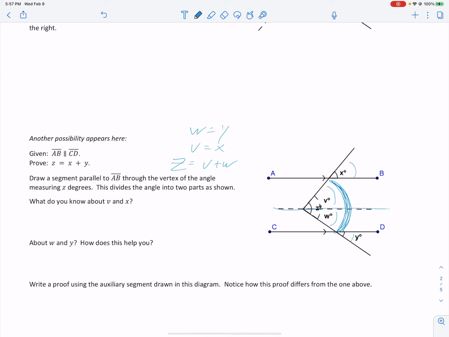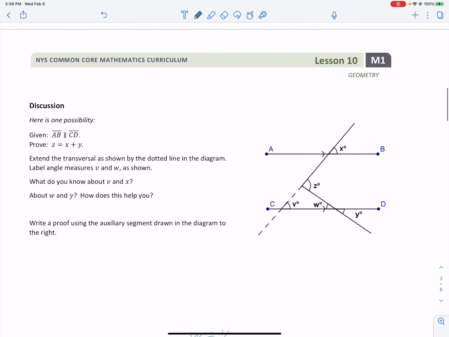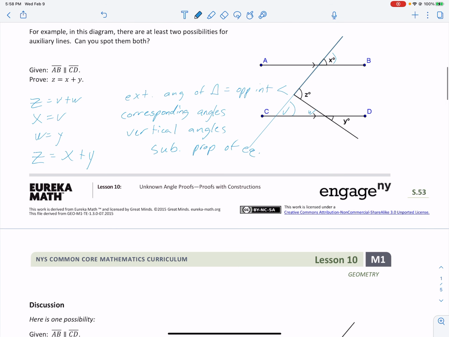It just means that I've broken it up into two sectors, but when added together, they will still equal the original angle. So that's the angle addition postulate. That technically should have also been up here: Z equals V plus W, for the exact same thing. But either way.